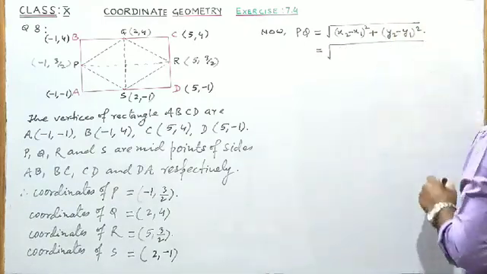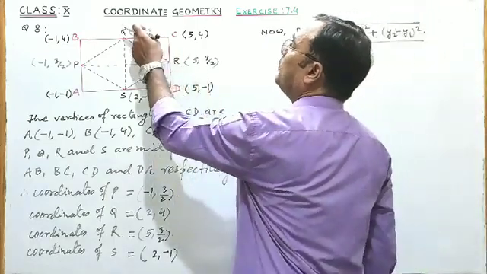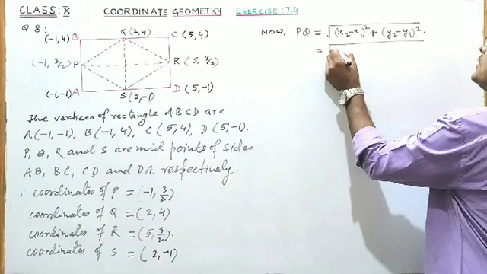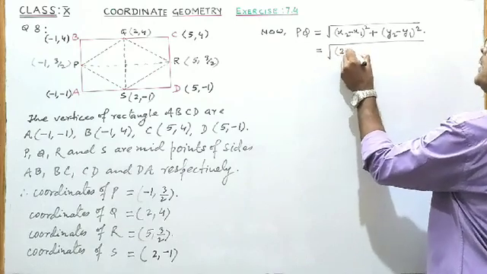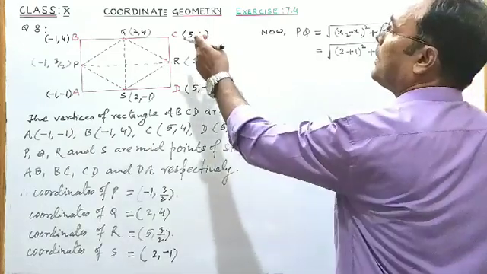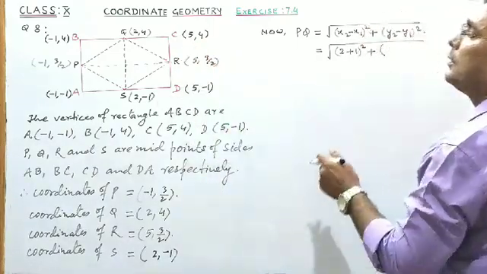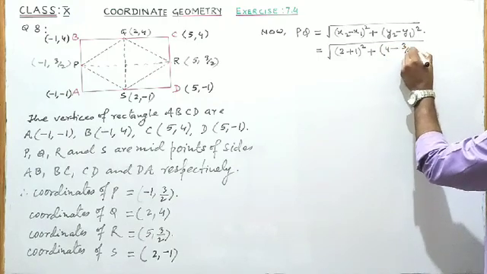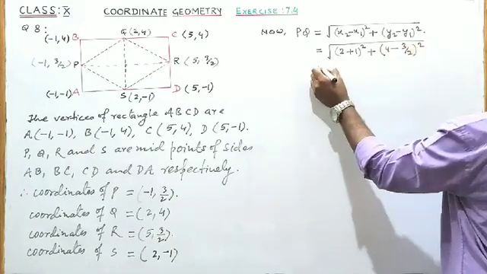So PQ is equal to the square root of (2 plus 1) whole square plus (4 minus 3 by 2) whole square.